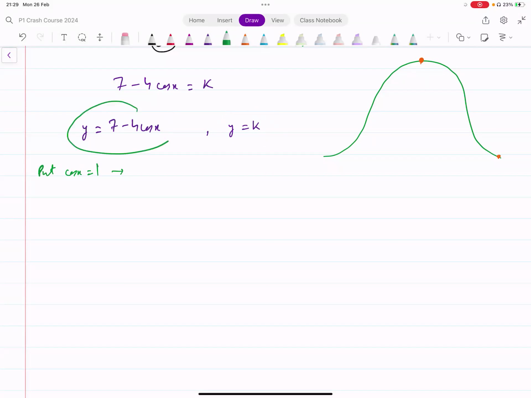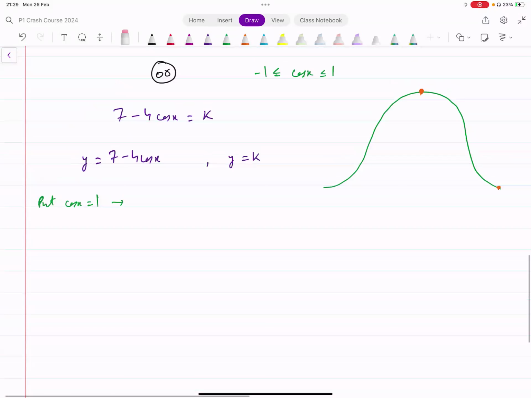In order to find the maximum point and the minimum point of this function, all you do is say, since cos is between -1 and 1, you just see what happens when cos takes one of these extreme values. What's the value of this function when cos is equal to 1? You get y equals 7 minus 4 into 1, that gives you 3.